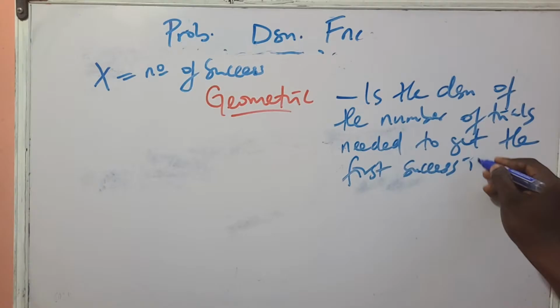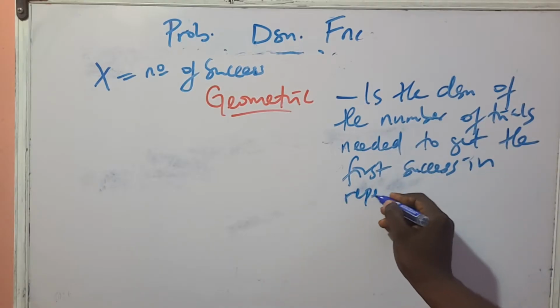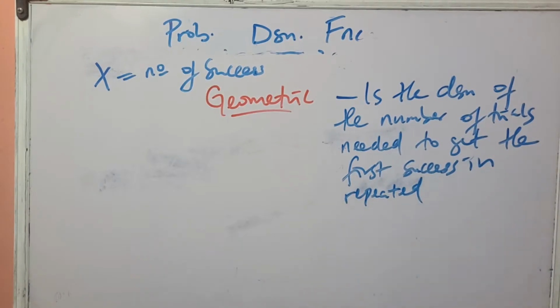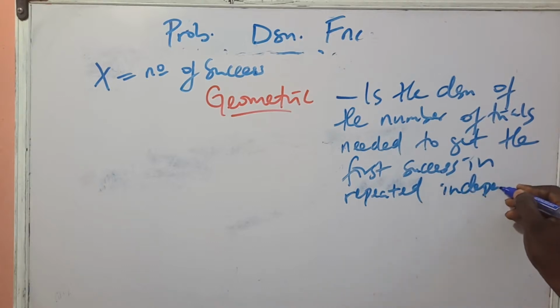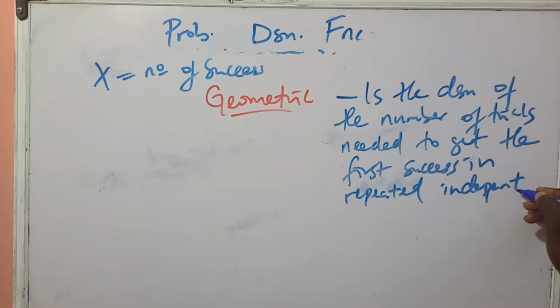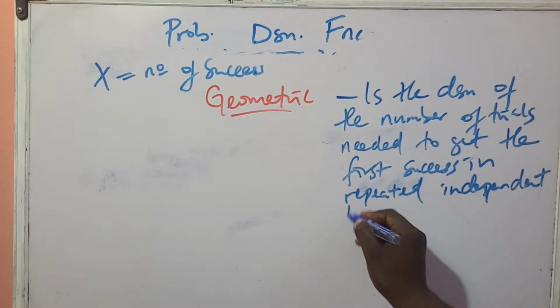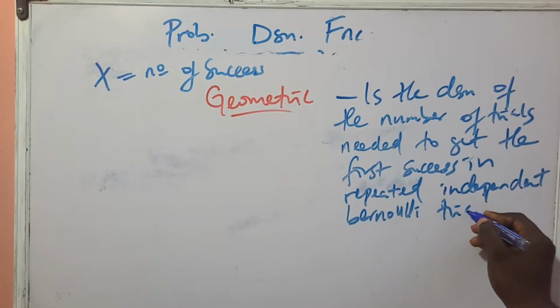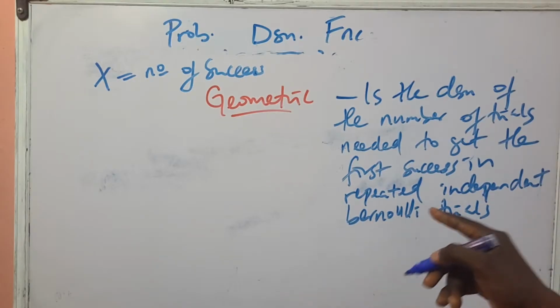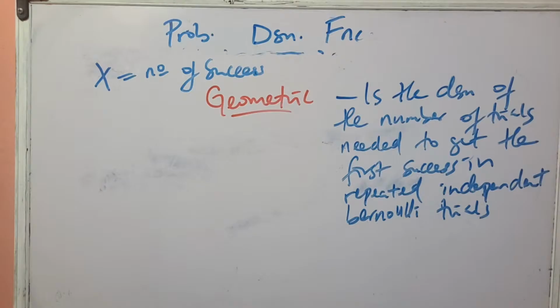In repeated, you see the word there, repeated, independent. This is very key. Every one of these trials must be independent. Bernoulli. This is just trials. The use of the word Bernoulli here is because when we say Bernoulli, it has to do with one trial.